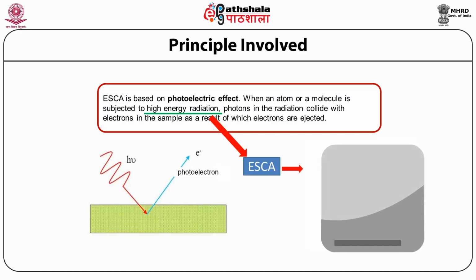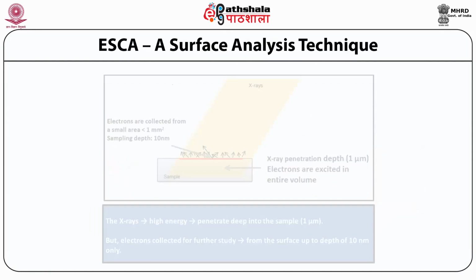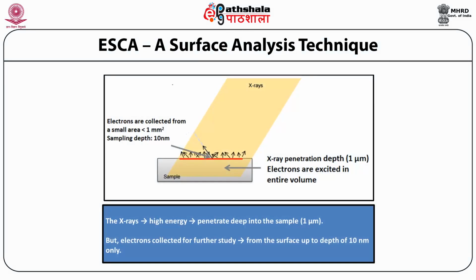This has also been shown in the second diagram, that ESCA is truly a surface analysis technique, or as we call it, a surface analytical technique. In this case, electrons are collected from a small area that is almost equivalent to or less than 1 nanometer square. Sampling depth is about 10 nanometers.